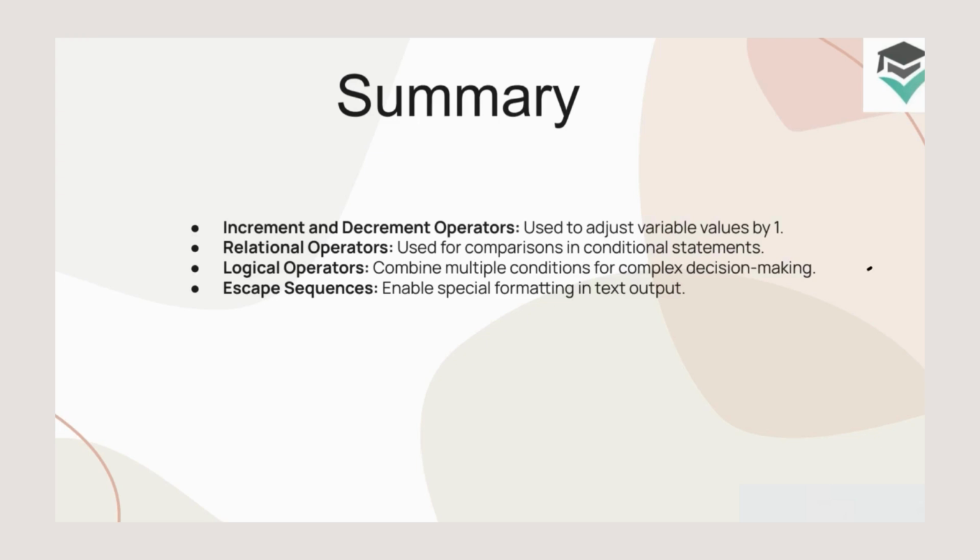Logical operators like AND, OR, and NOT are used for combining multiple conditions and deriving a result based on complex decisions. And escape sequences are used with the backslash combination like \n, \t, \\ that we have seen already, to give special formatting to the content on the output screen.